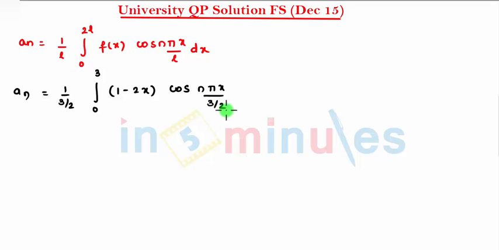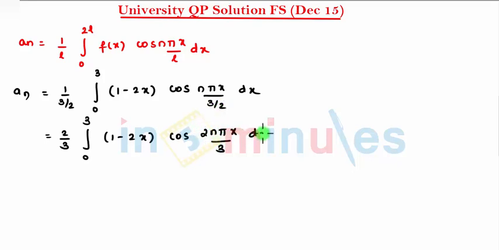So that is 3 by 2 dx, which you can write as 2 by 3, integral 0 to 3 of 2x minus 1, cos of 2n pi x divided by 3 dx.